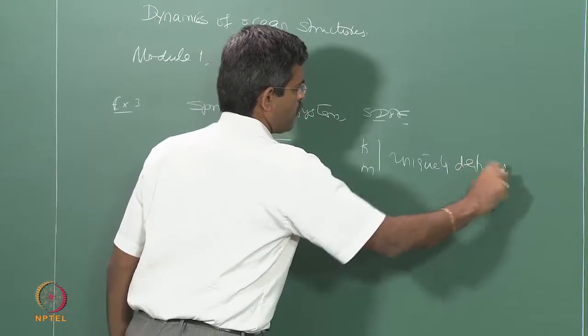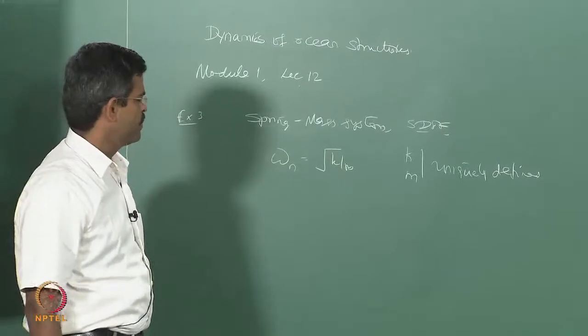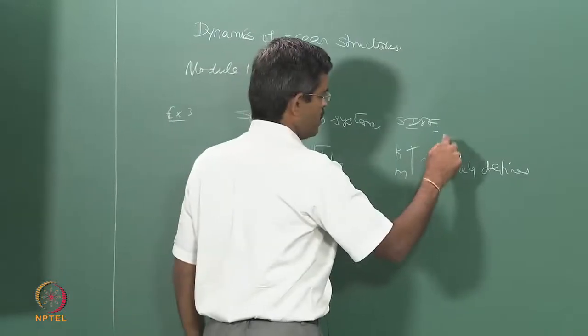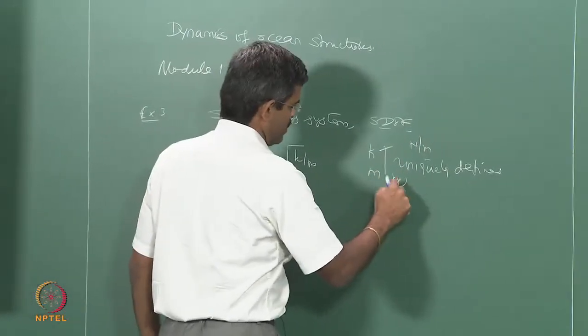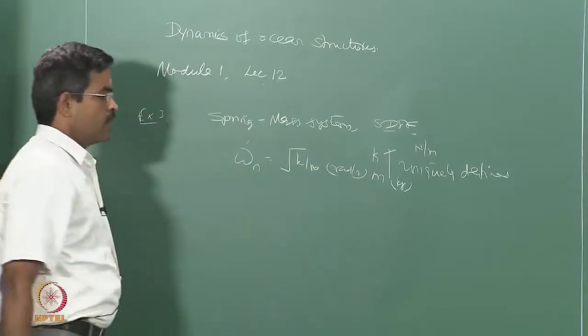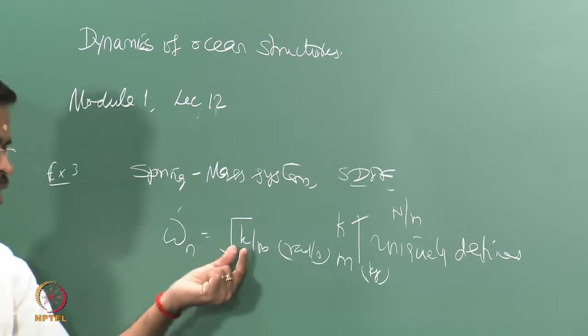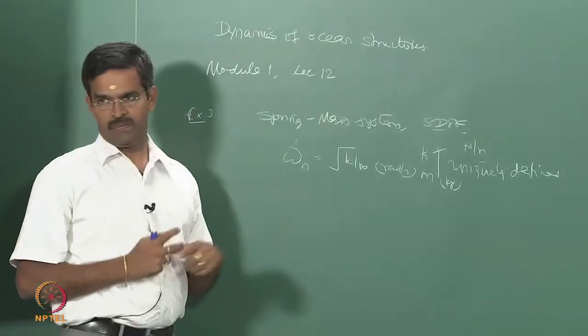If we are able to do that for a given system, we can easily find the frequency of vibration, whereas k is in Newton per meter and if m is in kg, this will be in radians per second. But there are some systems for which k cannot be or m cannot be easily quantified.